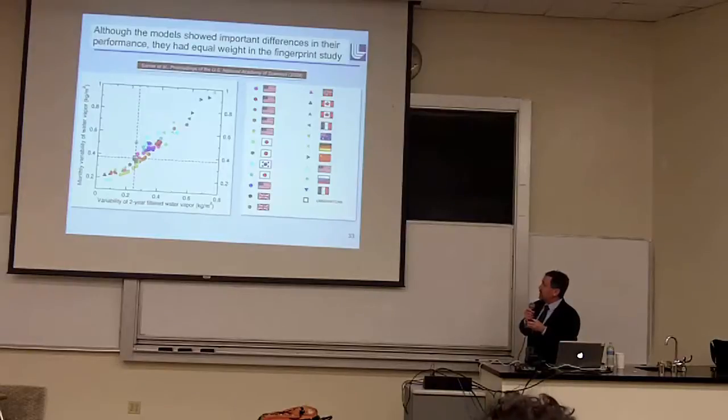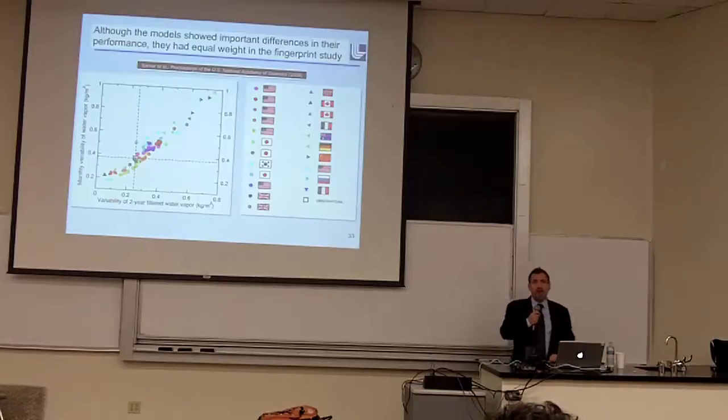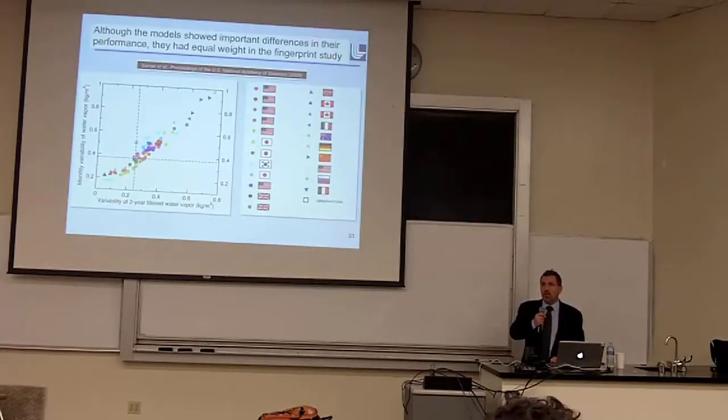The x-axis there is the variability of water vapor on 2-year time scales. And the y-axis is the variability of water vapor on month-to-month time scales. And you can see that there's a big range there of model performance. And the crosshairs are on the satellite observations, okay, from our friends at Remote Sensing Systems.